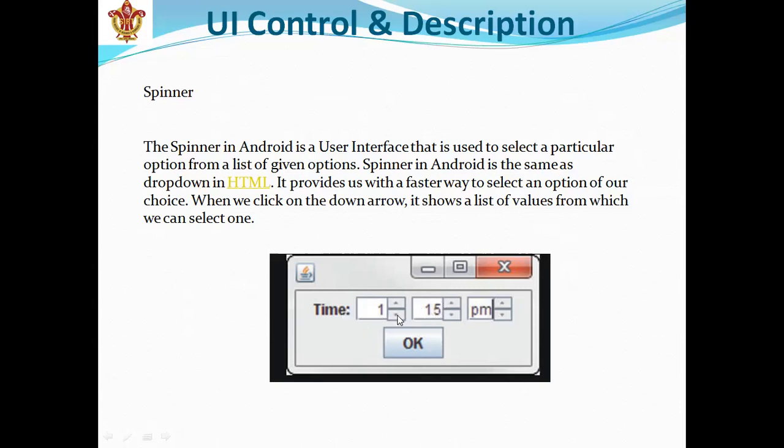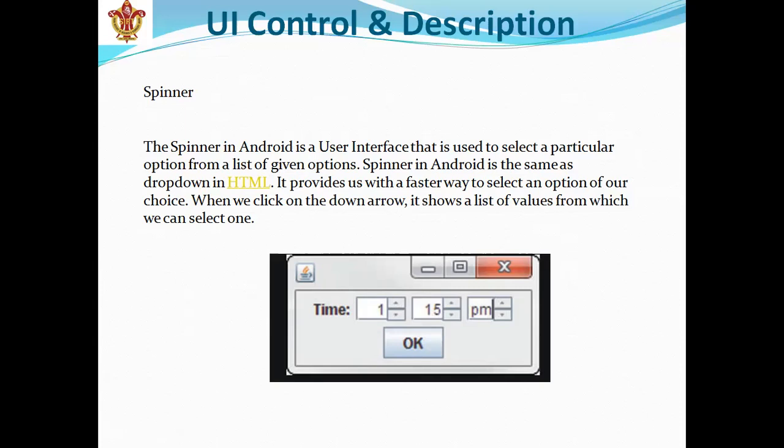In this diagram, we can select 2, 3, 4, whichever entity we want, by the drop-down arrow. If we want to select 2, we click on the upward arrow. And when we want to select 0, the numbers below 1, we use the drop-down arrow. The upward arrow shows the increasing order and the downward arrow shows the decreasing order of the spinners.